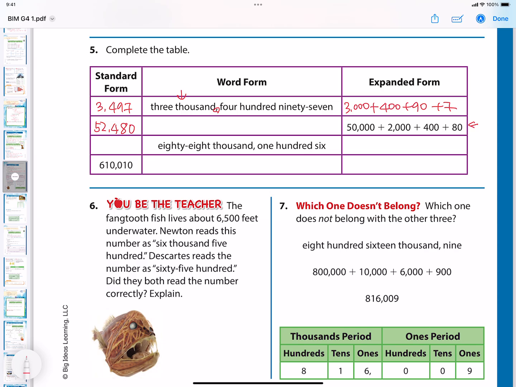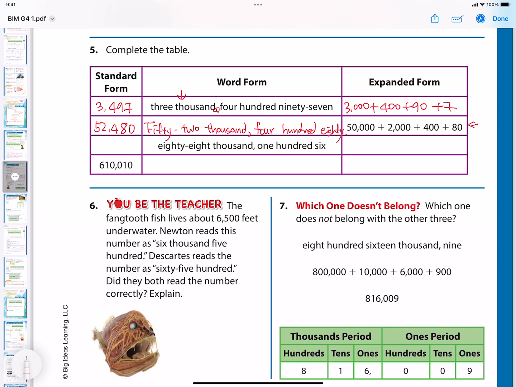All right, now let's move on to word form. Okay, so 52,000, comma, 480. Okay.